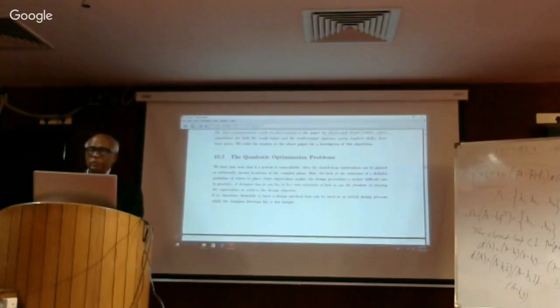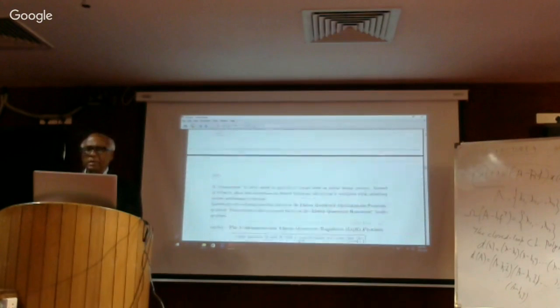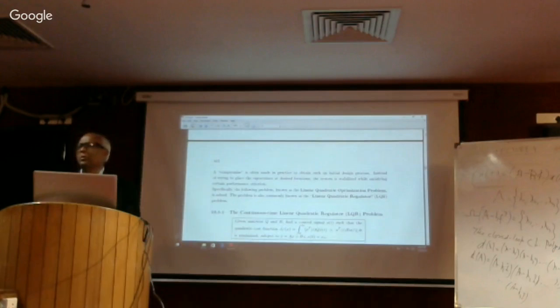So sometimes a compromise is made. Sometimes the control engineers decide that we have to stabilize the system anyway, but let's do that under some constraints. The constraint is that the control engineers want to minimize a quadratic function.